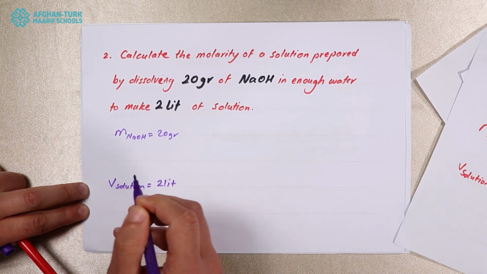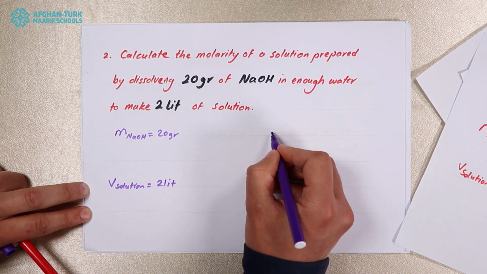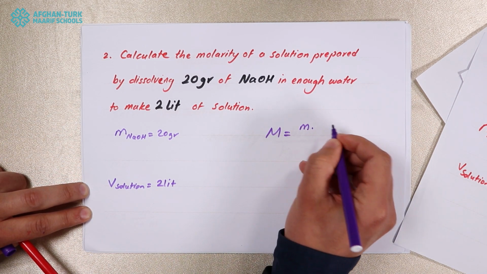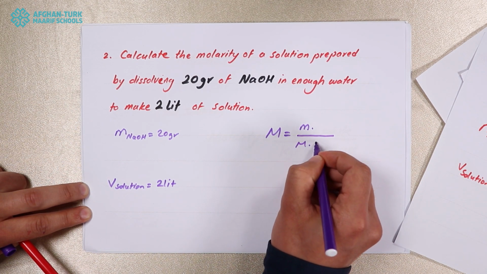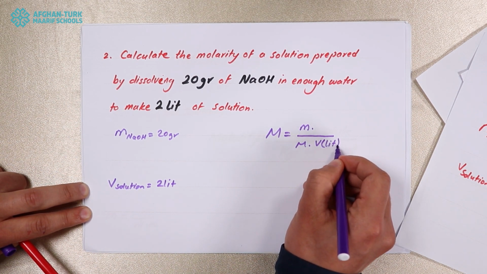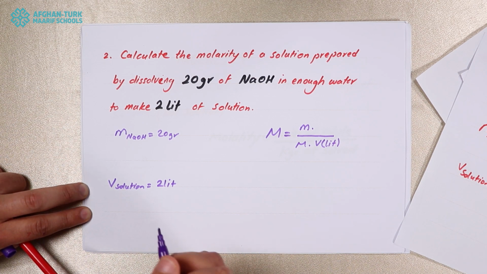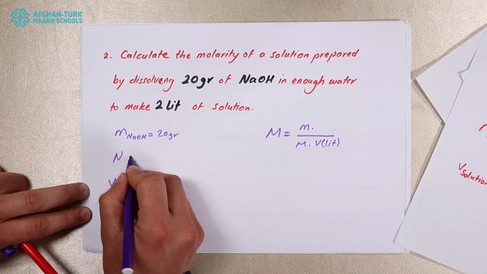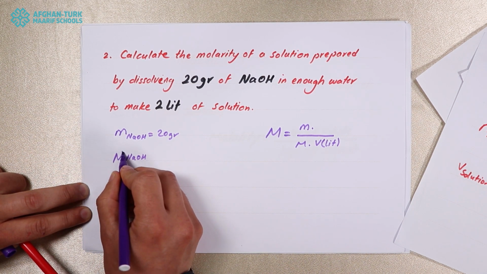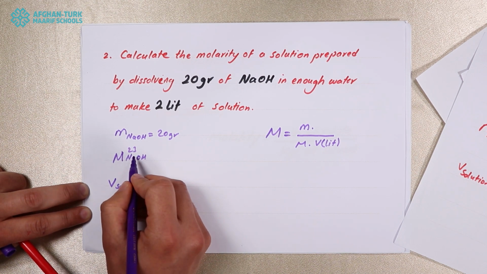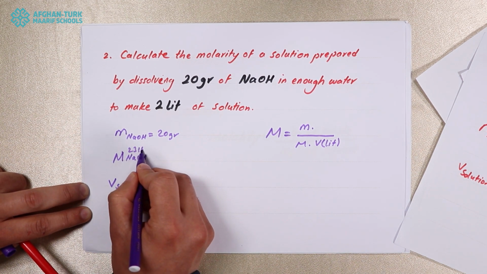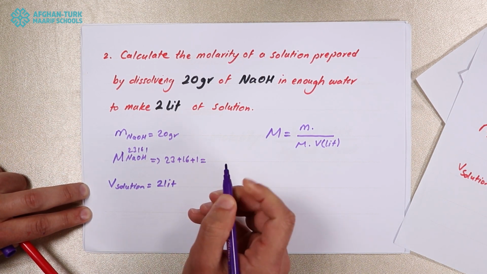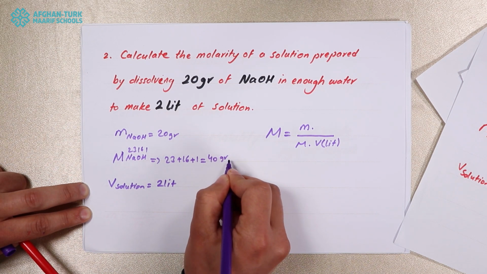As you know from this formula, we also need the molar mass. Molar mass of sodium hydroxide: the atomic mass of sodium is 23, oxygen is 16 and hydrogen is 1, so 23 plus 16 plus 1 is equal to 40 gram per mole.